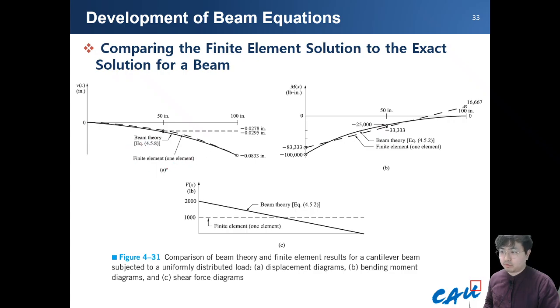However, this FEM solution is obtained from only a single element. If the FEM numerical solution has some error, you can easily reduce this error using many more elements. But here they directly compared the beam theory with one single element.